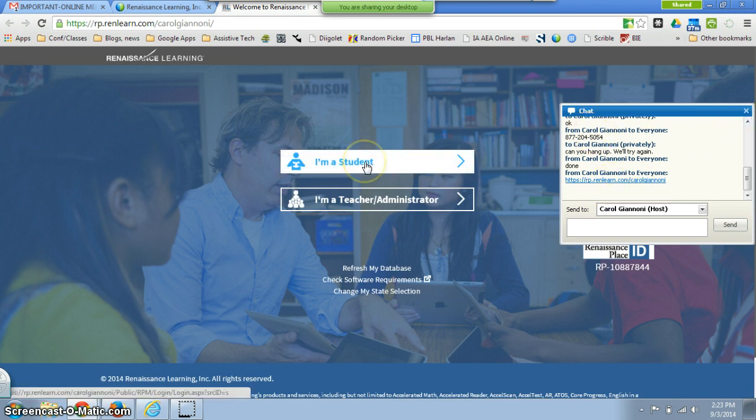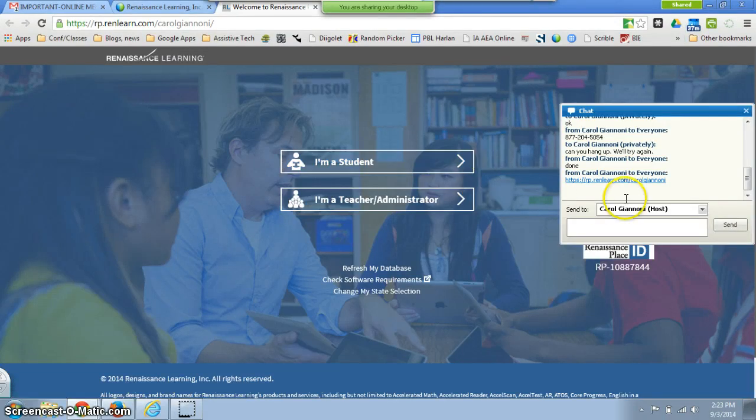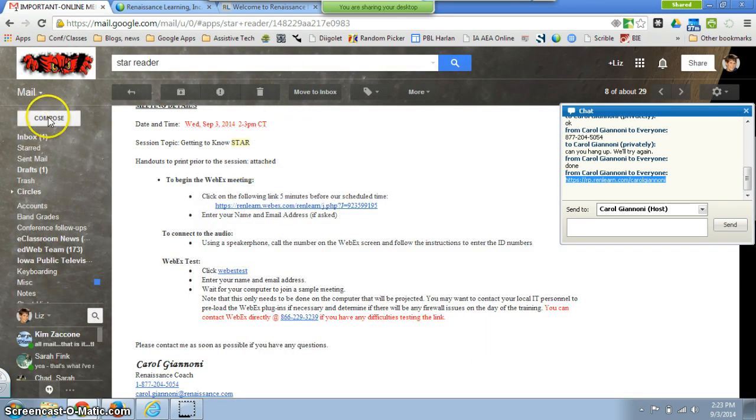So we are going to have everybody log in as a student to take the test. One of the things I want to let you know is that this information is also on page 2 of the handout. So it talks about logging in to take the test and everything, okay?